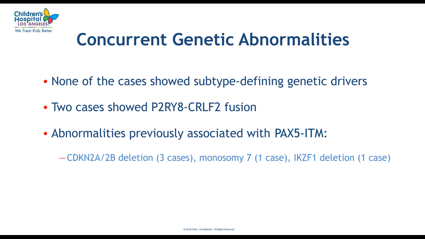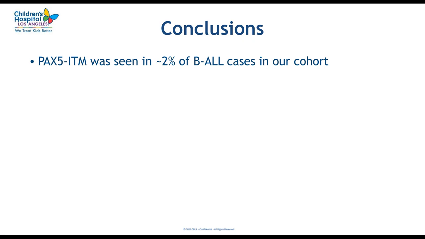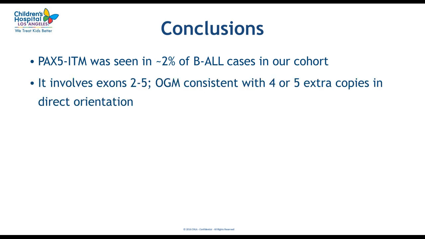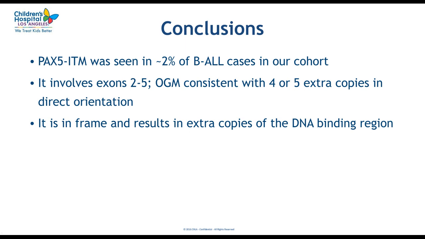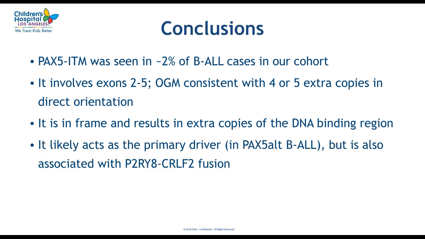intergenic tandem multiplication. So in the conclusions for the second study, we saw PAX5 intergenic tandem multiplication in 2% of our cases. It involved typically exons 2 to 5, and based on optical genome mapping, we now know that there were multiple extra copies. In our cases, we saw 4 or 5 extra copies in direct orientation. This is predicted to result in extra copies of the DNA binding region of PAX5.